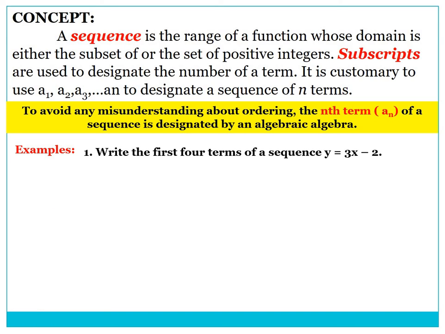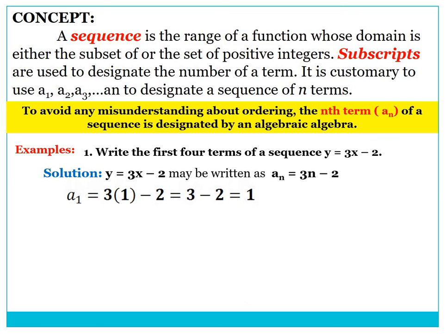Examples. Write the first four terms of a sequence y equals 3x minus 2. Solution. y equals 3x minus 2 may be written as a sub n equals 3n minus 2, where a sub 1 is 3 times 1 minus 2, which is 3 minus 2 equals 1. Where n is 2, we have 3 times 2 minus 2, which is 6 minus 2 equals 4.